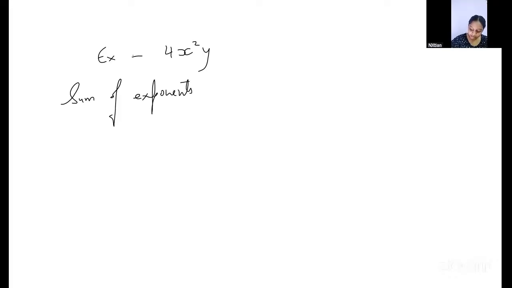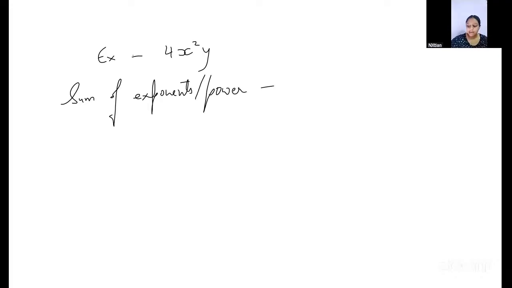Its meaning is, for example, take a look at the question. I have an expression x square y. Now, the degree is the sum of the exponents, or you can say the sum of the powers.